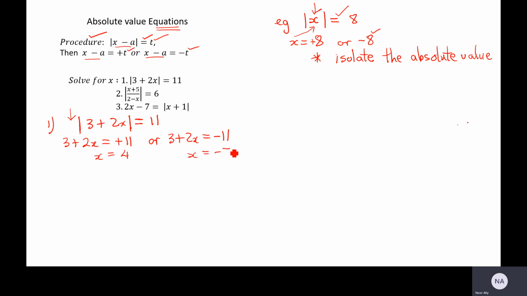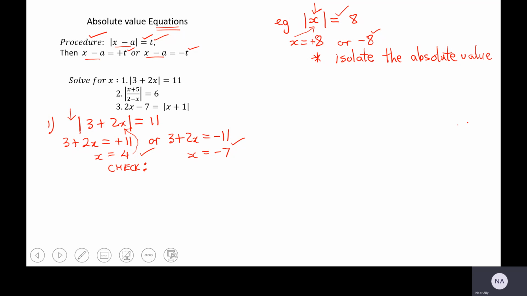Here I get x is equal to minus 7. And then you can check these, which you have to do. Substitute 4 into the x. 2 times 4 is 8 plus 3, 11. Absolute value of 11 is 11. And also do likewise for minus 7, and you'll find we can accept both of those as answers.